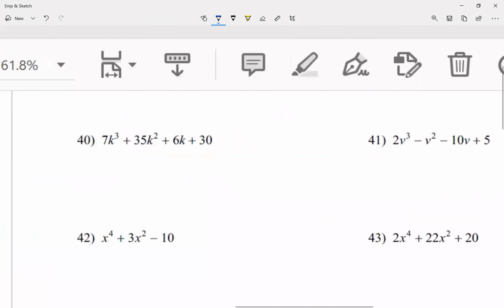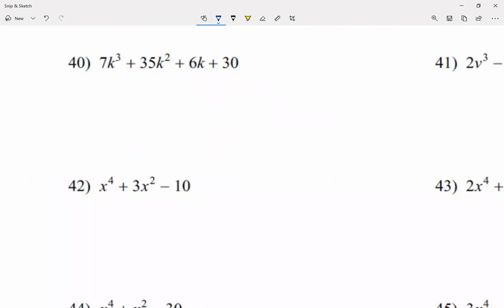Let's take a look at number 40 and 41. Looking at number 40, let me just pay attention to the first two terms. Number-wise, 7 and 35, I can divide each by 7. Letter-wise, I can factor a k squared out. I always choose the smallest exponent. So what I'm going to do, each number I'm going to divide by 7.